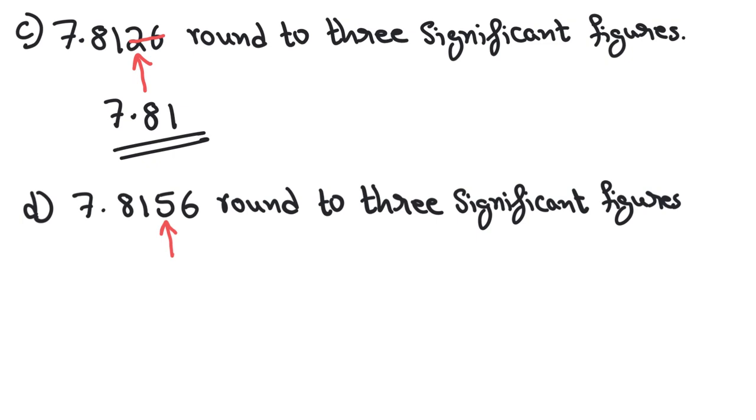It is 5. So what we do is increase the previous digit by 1. So now our new number is 7.82. This is rounded to 3 significant figures. So 7.8156 rounded to 3 significant figures is 7.82.